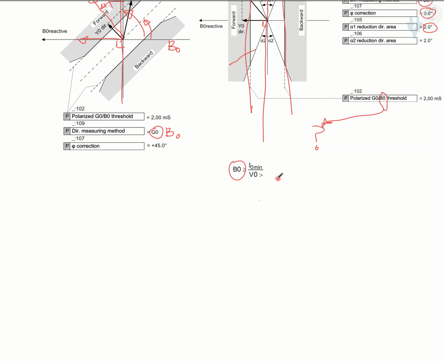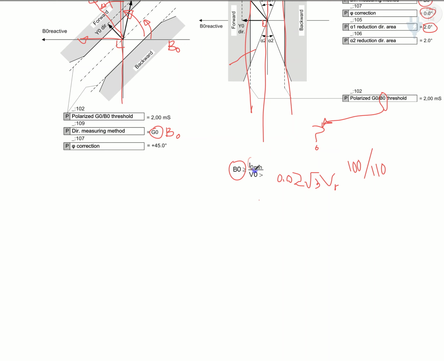This V0 threshold is 0.02 times root 3 times V rated. That V rated is around 100 or 110, according to your VTs; you can see on the VTs installed in your system what the rated secondary voltage is.